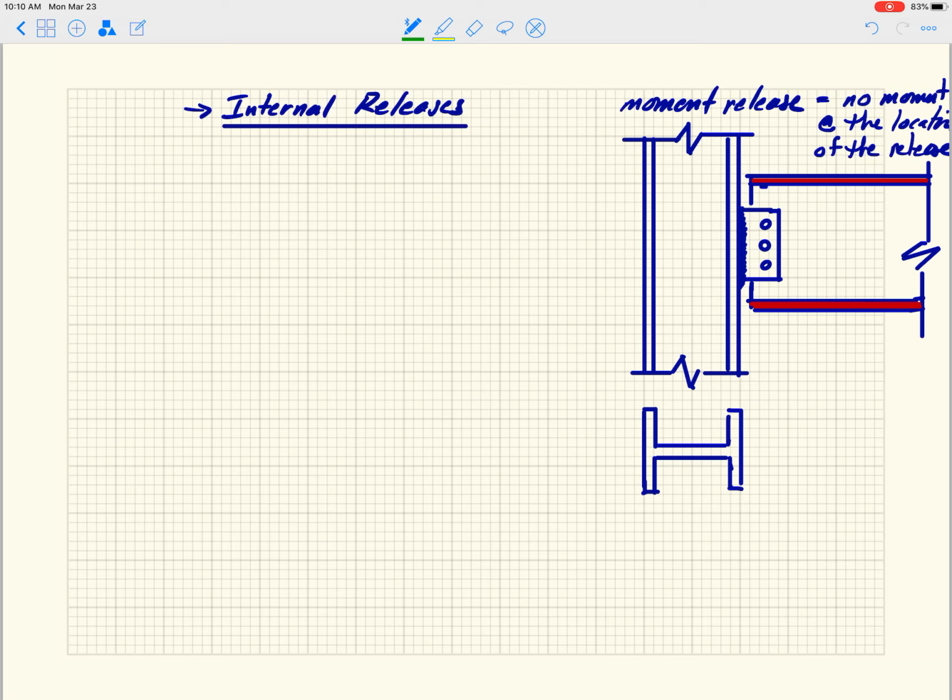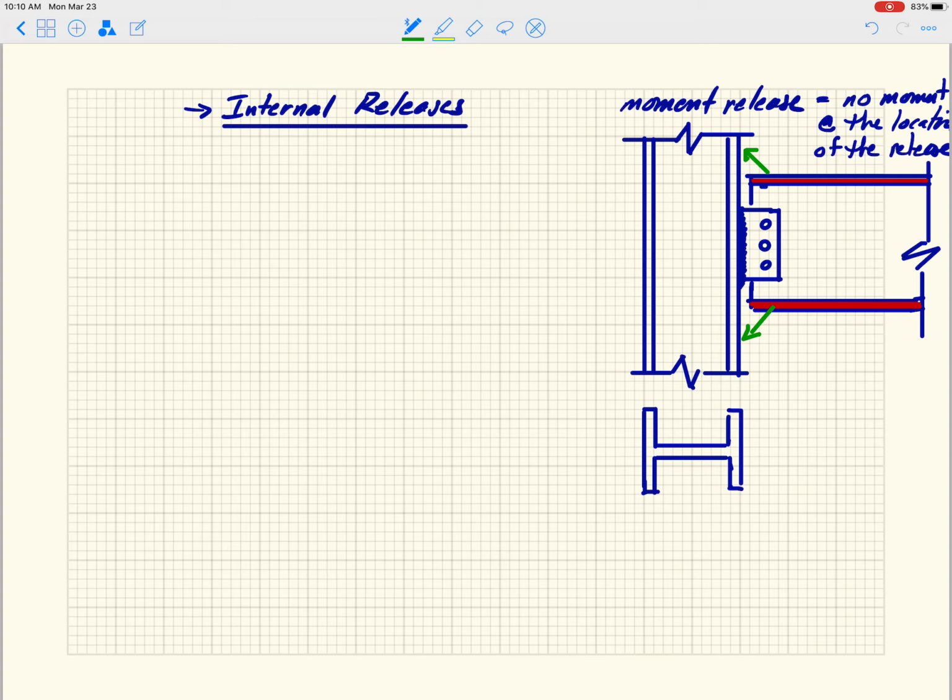Now, if you want to create a good connection between a steel beam and a column, there's a number of ways to do it, but in some way you have to connect the flanges of the beam to the flanges of the girder, because that's where the moment wants to flow through. If that's not done, and it's not done primarily for cost reasons, those connections are just a lot more expensive.